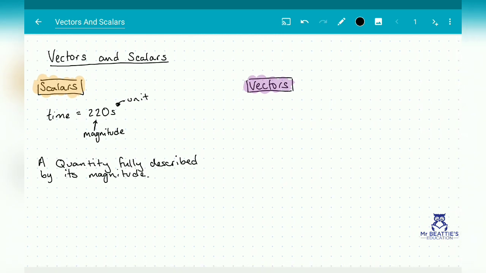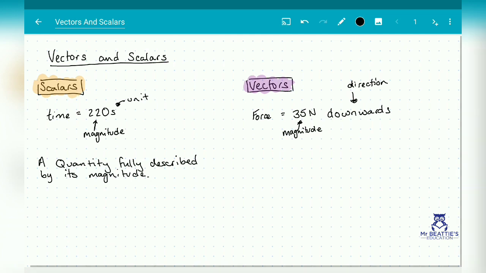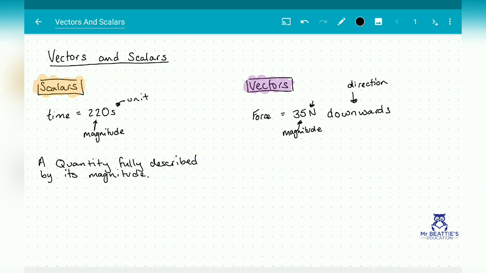So, for example, if we had a value for force, and we said it was 35 newtons downwards, now we have the magnitude still, but we also have this extra part here, which is the direction that it is acting. And again, please note, I'm going to hammer this in, you need to remember your unit.